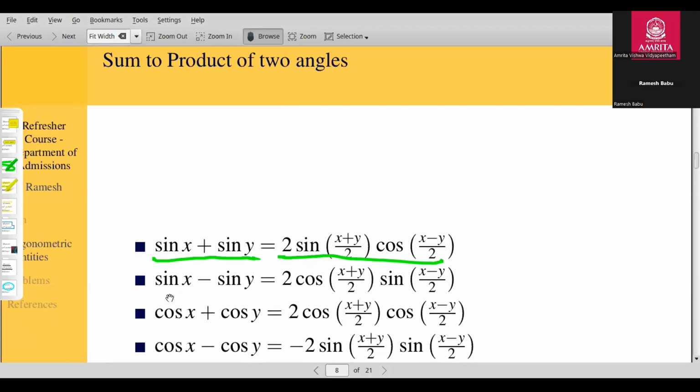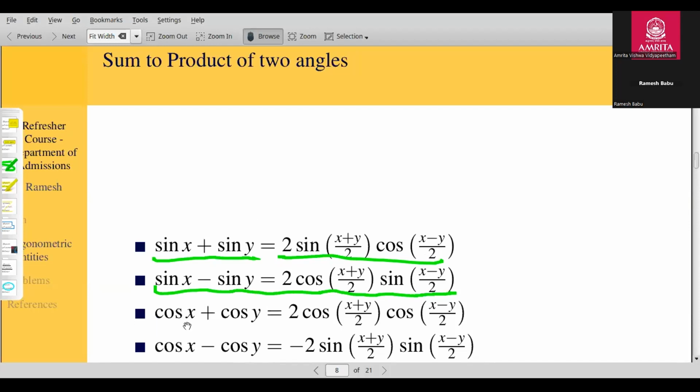In a similar way, sine x minus sine y is 2 times cos of x plus y by 2 and sine of x minus y by 2. So the first two identities in this slide represent sum to product of two angles for sine.